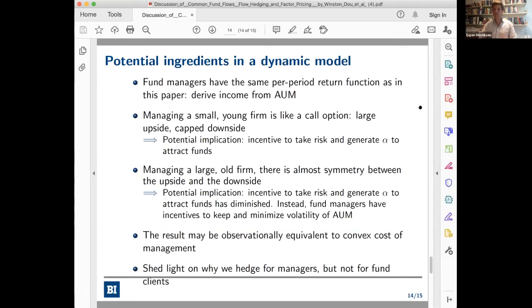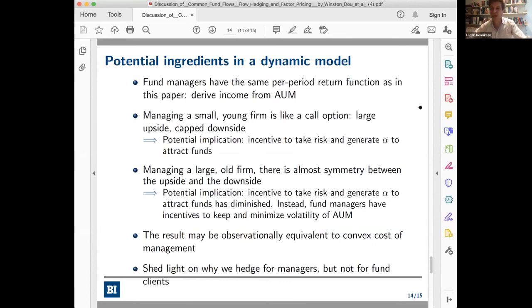If we do something like this, if this is possible, I think it could also be that what you will get out is observationally equivalent to a convex cost of management. So when you are large, you have much less incentive because you can live well off your AUM and your risks are symmetric.